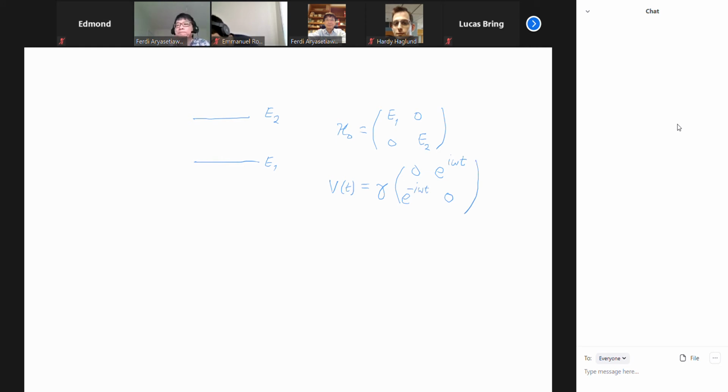The diagonal components are 0, because if they do not depend on time, we can always put them in H0. So we only need to consider the off-diagonal elements. Because of these off-diagonal elements, the potential will couple the states.